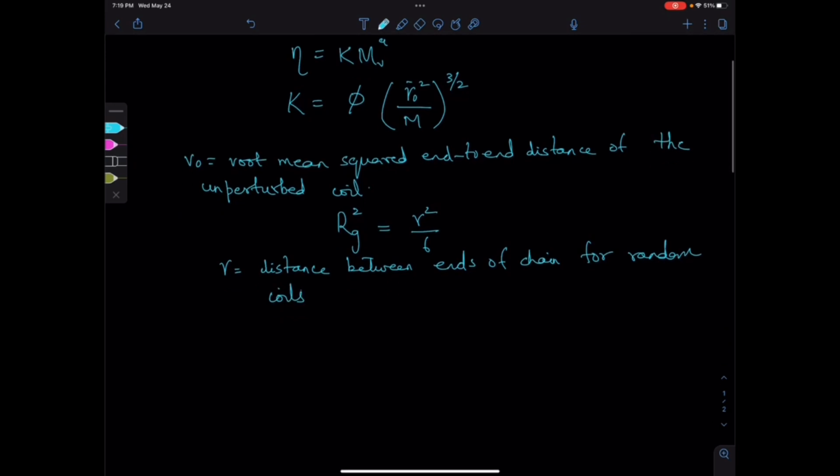So we can approximate R0, the root mean square distance, to be r.